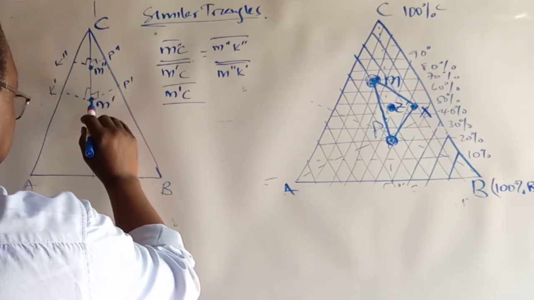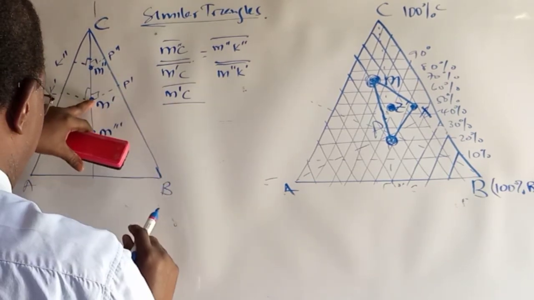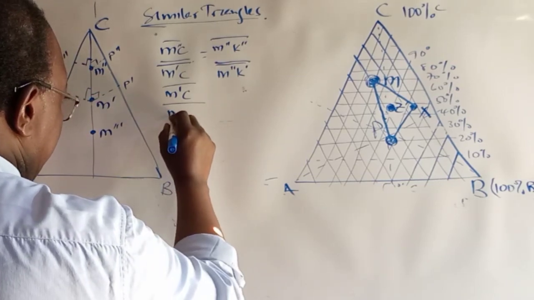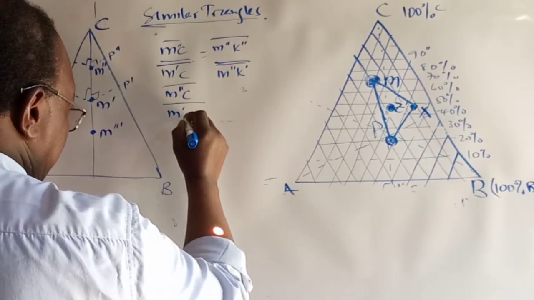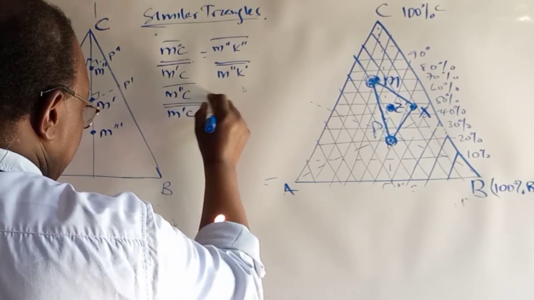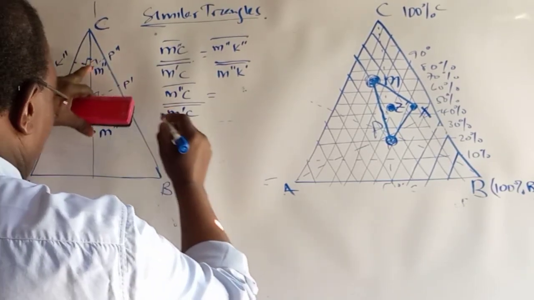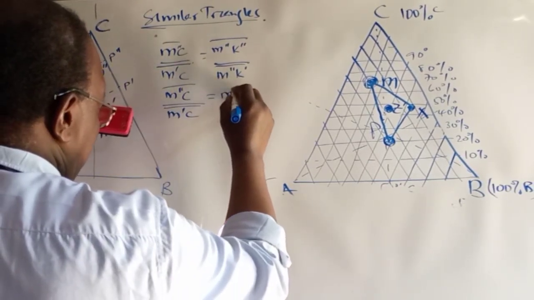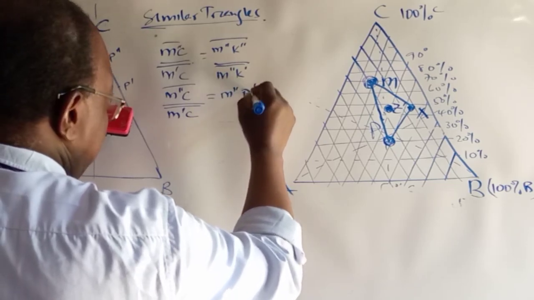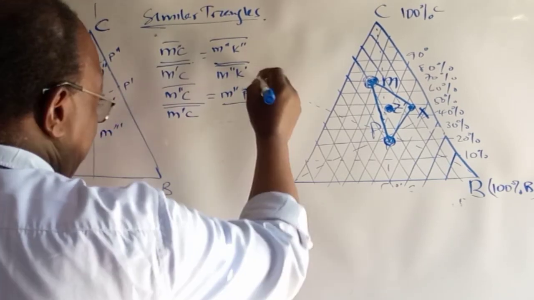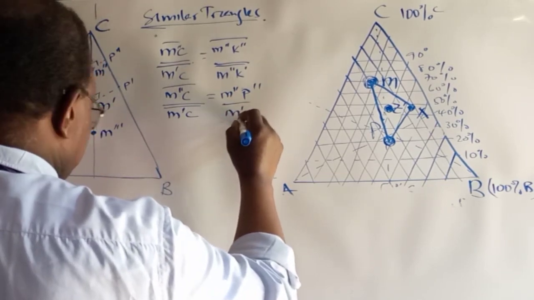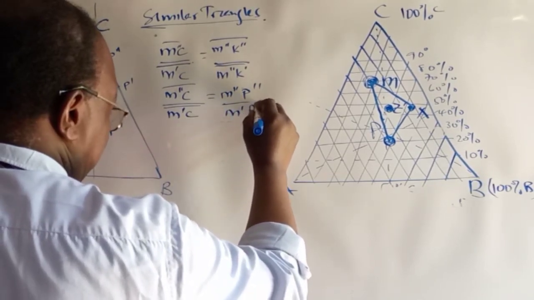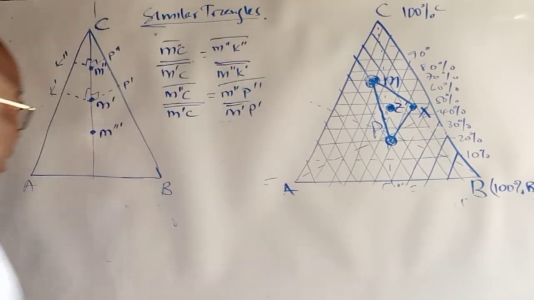We have M double prime C divided by M prime C, that segment. That again will also be M double prime P double prime over M prime P prime, those segments there.